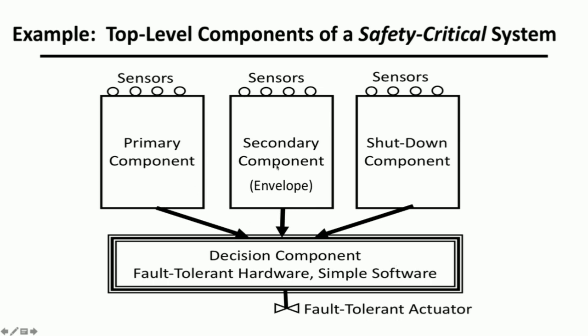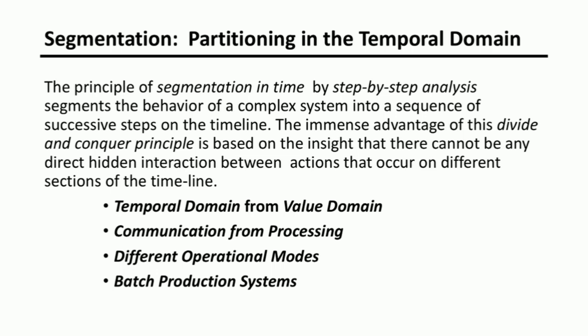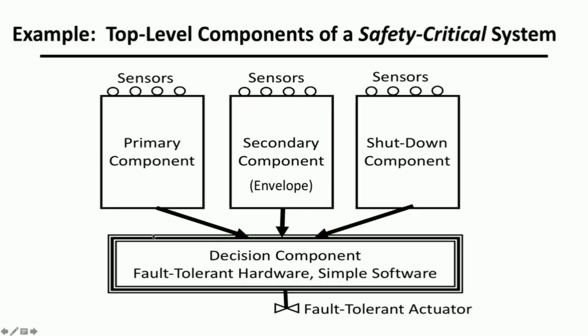And of course, this one will have design faults, this one and this one. And we need to mitigate this by this decision component. So this is the reason why I would propose that this relates not only to automotive systems, but to any safety critical system, that this would be a good top-level architecture for such a system.